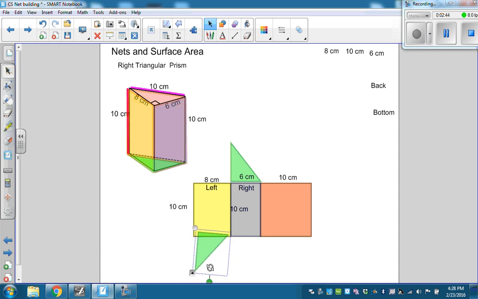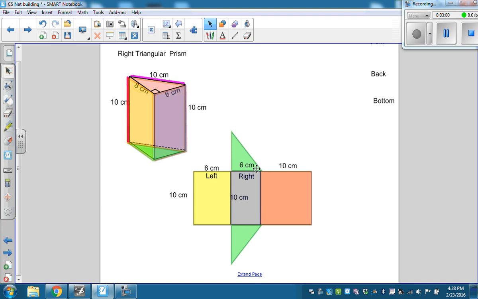But I would need to flip this a little bit. So that's another way you could put the flaps. So there's more than one option. That's a very common way to draw the picture.